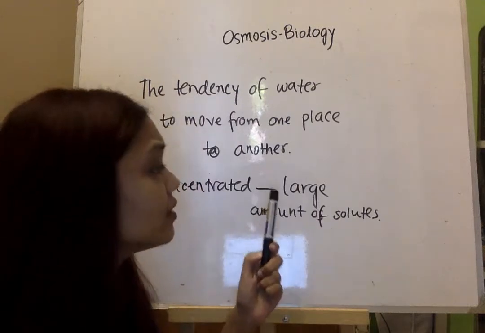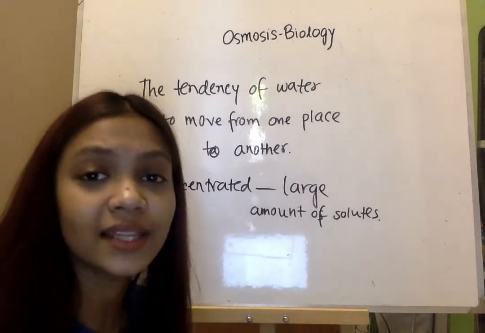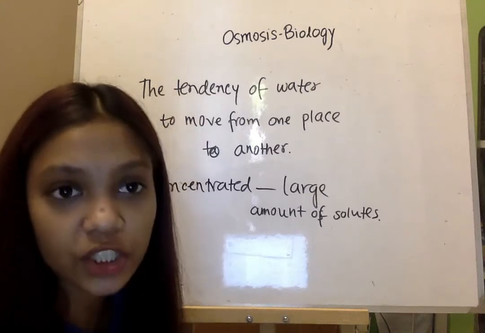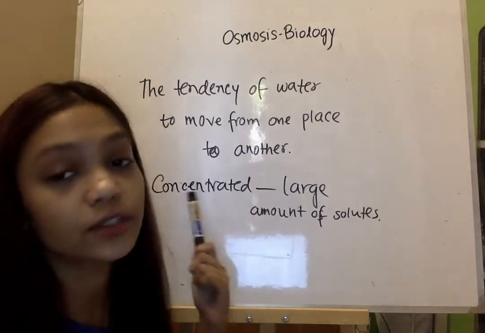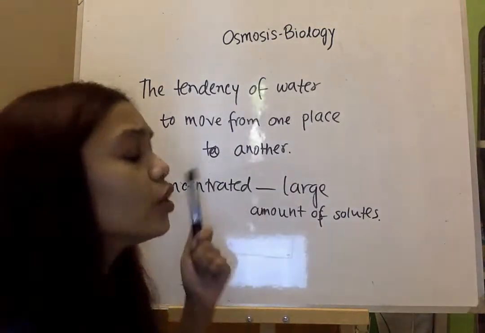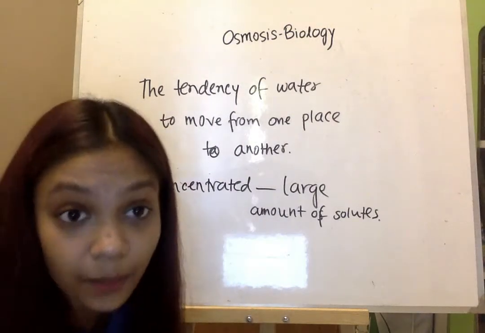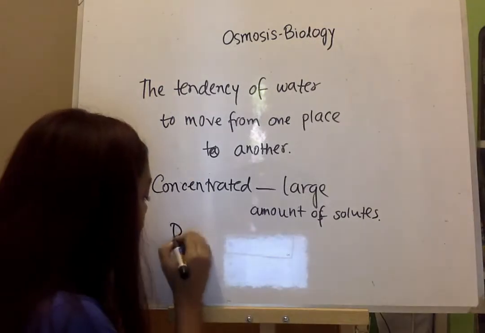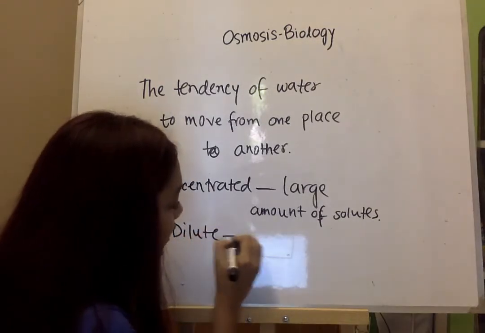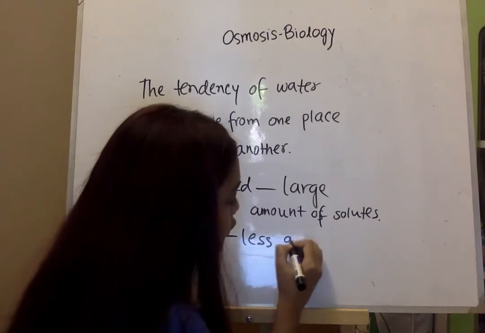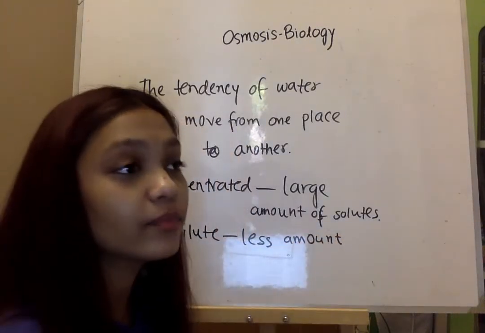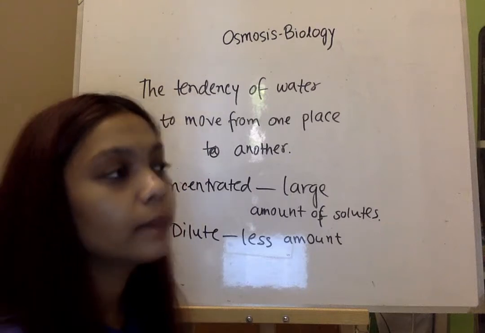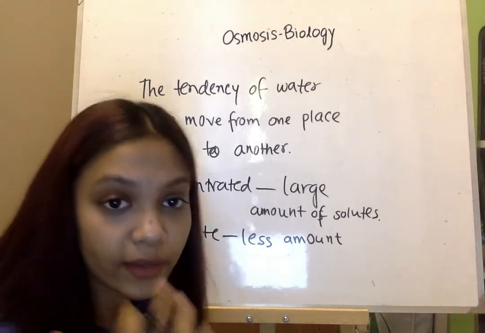Having a large amount of solutes means that there is less water potential, that is, there are fewer water molecules in this particular solution. So it has a lower water potential than, for example, a dilute solution, which has a smaller amount of solutes and more water molecules, making it a solution of higher water potential.